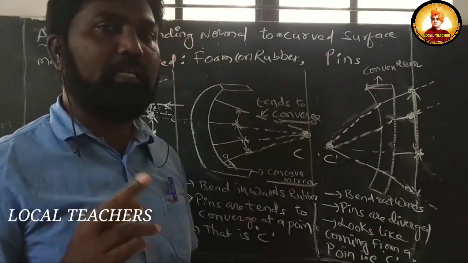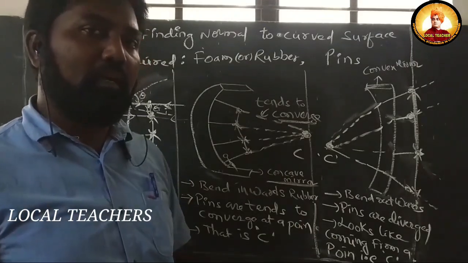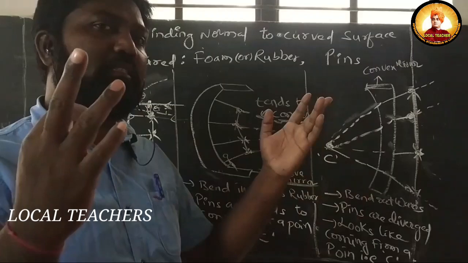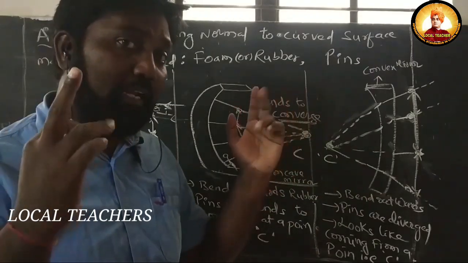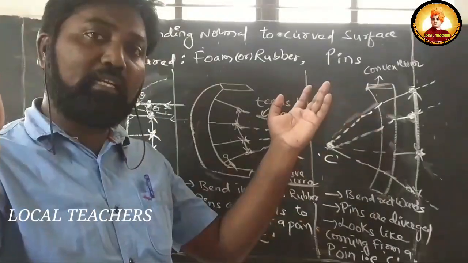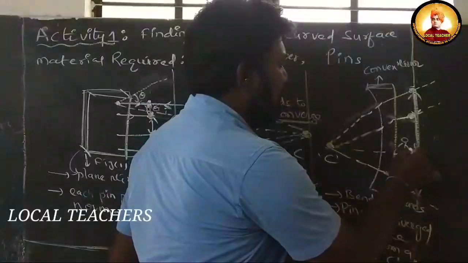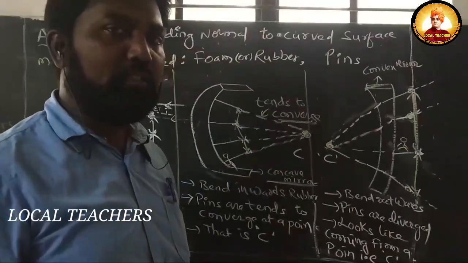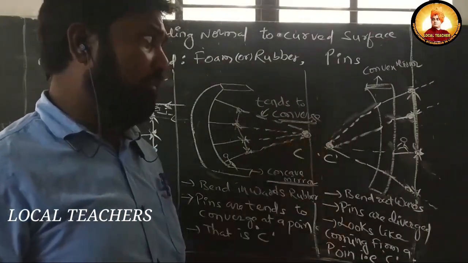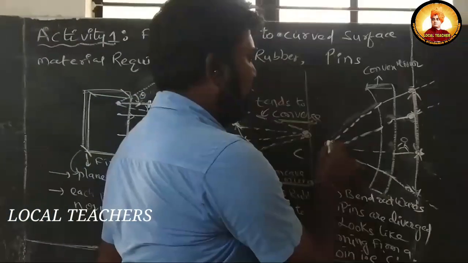Diverging is nothing but moving in different directions from a common point. If a man is standing here, he is looking at the pins or the lines which are coming from a common point.